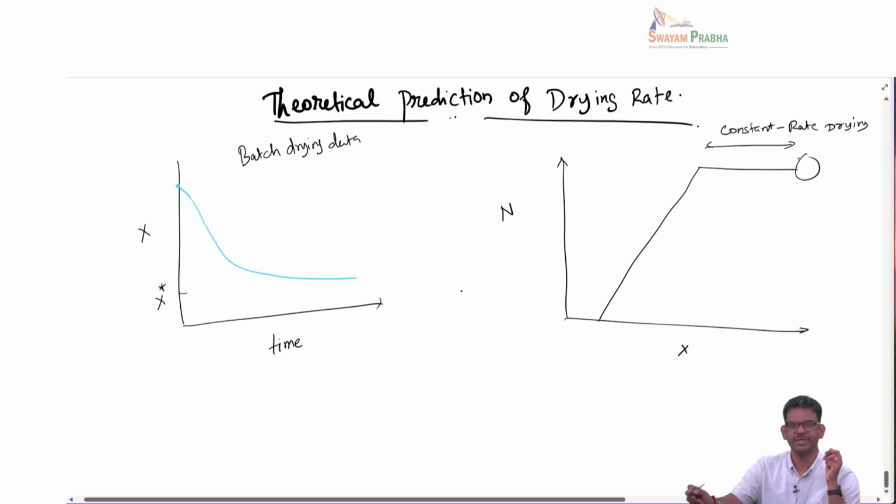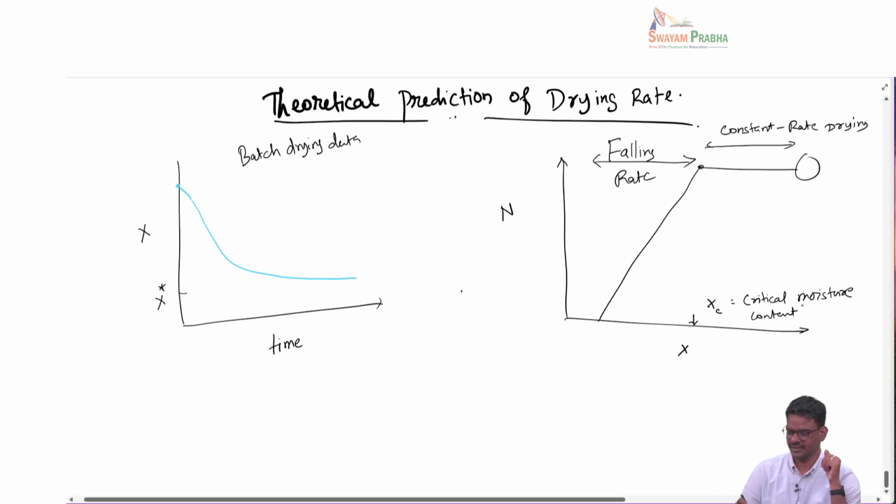There can be some initial period which we are ignoring here. The moisture content at which the transition happens from constant to falling rate is called the critical moisture content. The point where the drying flux goes to 0 we call the equilibrium moisture content, which corresponds to this point.